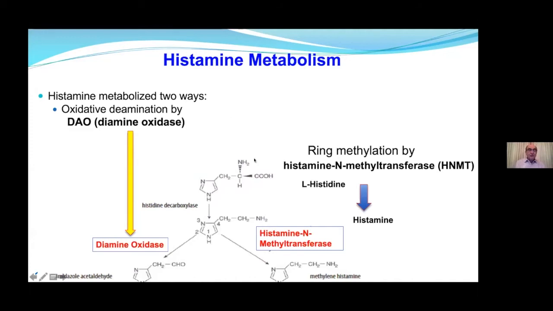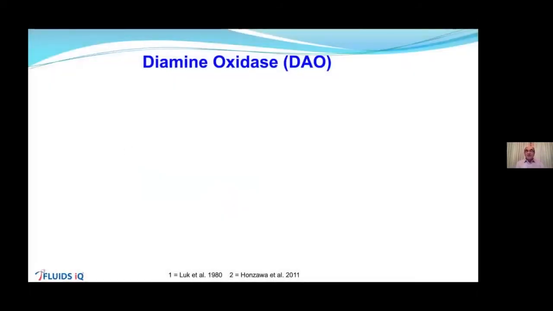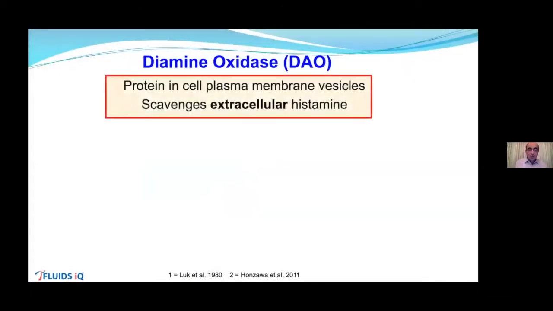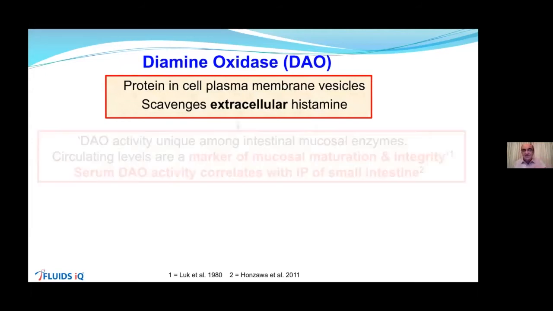We're going to focus on diamine oxidase. Now, diamine oxidase is a very interesting molecule. It is a protein in the cell plasma membrane which scavenges extracellular histamine, specifically the histamine that is found extracellularly in the lumen of the intestine.